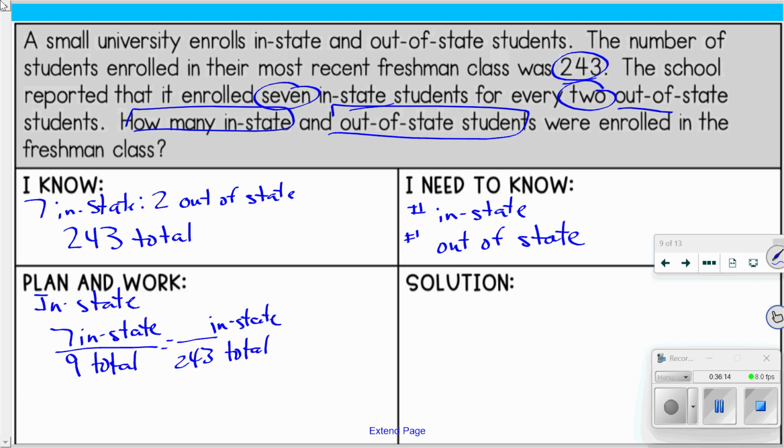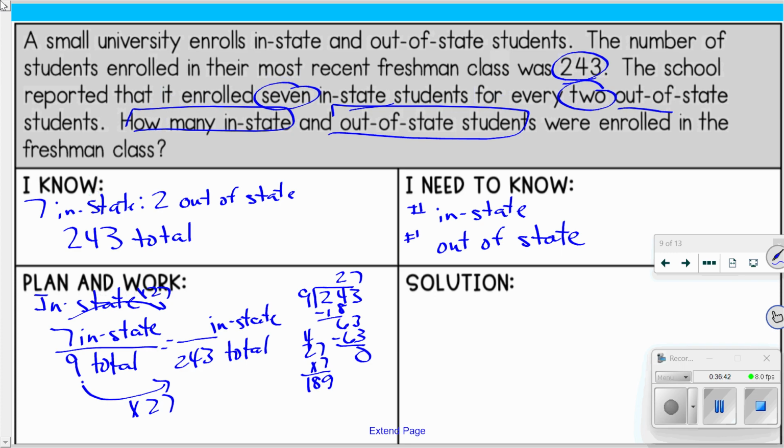So, I can divide 243 by 9 to figure out what I'm multiplying by. 243 divided by 9 is 27. So I multiplied by 27, so guess what I'm doing to the 7? Times 27. 7 times 27 is going to give me 189.